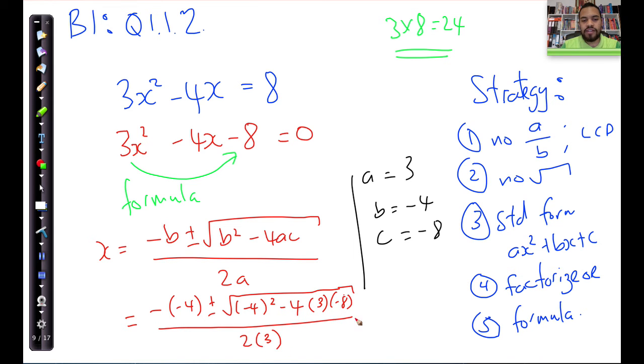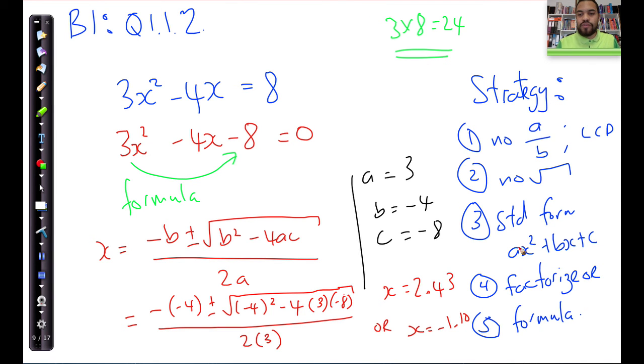So with a little bit of calculation, we're going to get two values for x, one where we add the square root and one where we subtract the square root. And I'm going to say that those solutions are that x is equal to 2, 4, 3, or x is equal to negative 1, 1, 0.